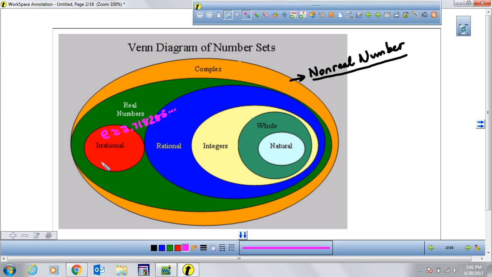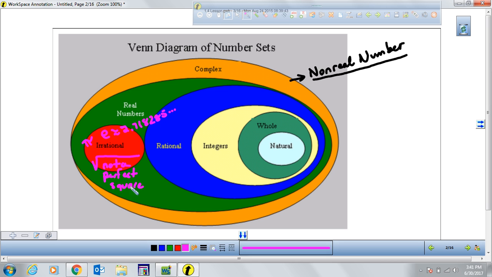There are other types of irrationals that we're going to talk about in this course. One of them is a geometry figure, which is pi, which we're not going to discuss here. But then we have square roots, radicals. Specifically square roots, that's going to be the main one. Anytime we have the square root of a number that is not a perfect square, that is also going to result in an irrational number.